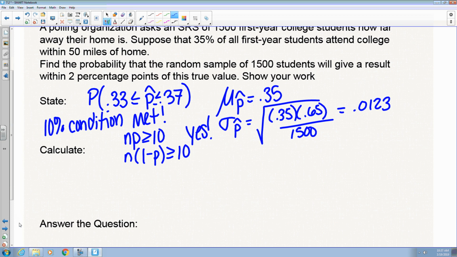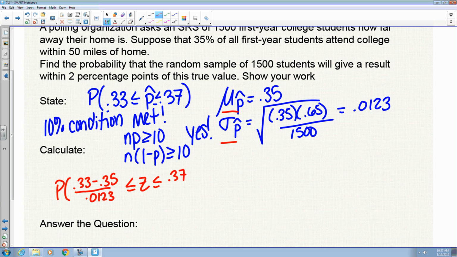Now for our calculations, we're going to rewrite the probability statement we stated above in terms of z, with our additional information for mean and standard deviation. So for 0.33, we subtract our population proportion, 0.35, divided by the standard deviation we calculated, 0.0123, which changes our p hat statement into a z statement.